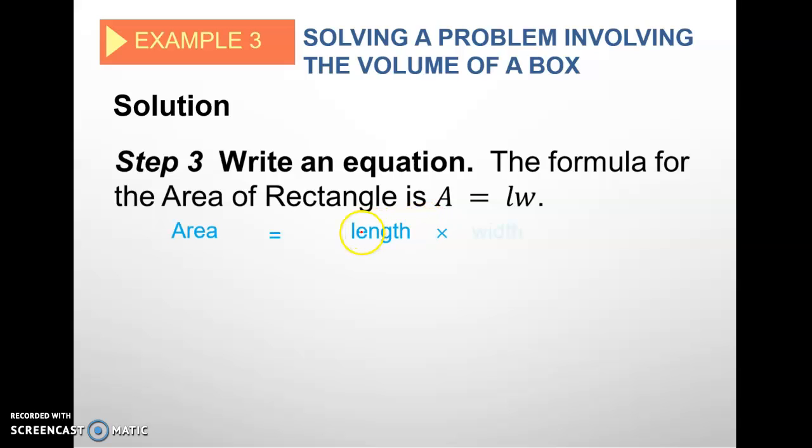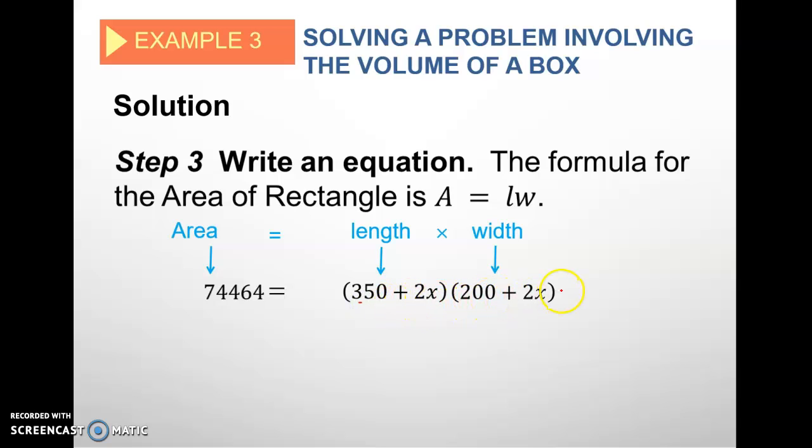So we substitute them. The area given is 74,464, and the length that we're going to use is the new one, including the pathway. So we have 350 plus 2x, and the width is 200 plus 2x.